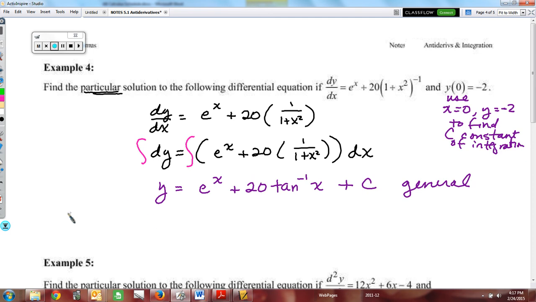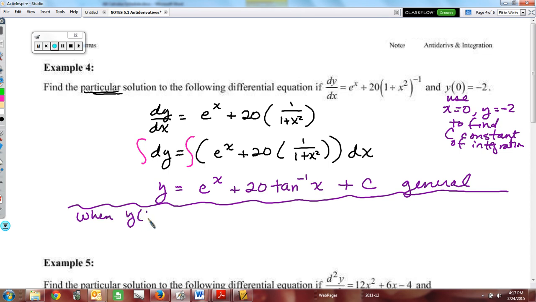So this step, there's my general. Now I'm going to say when y of 0 equals negative 2, then y of 0 is going to equal e to the 0 plus 20 inverse tangent of 0 plus c, and I would get negative 2.